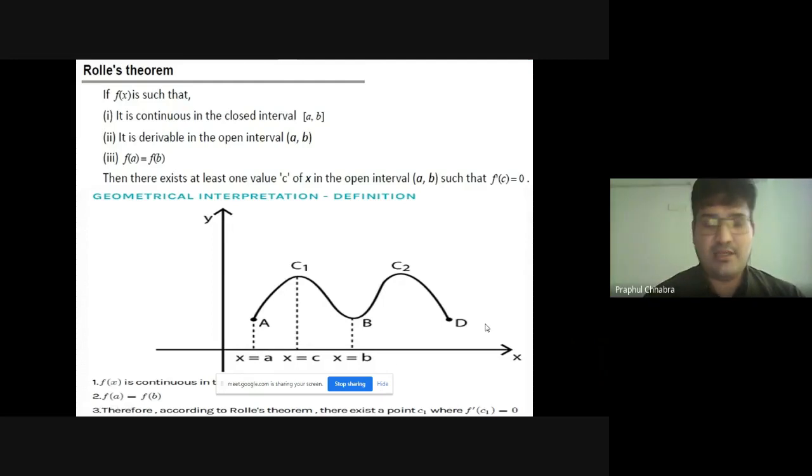For this graph, we are taking only one point in the interval a to b, and these points may be more than one, because according to Rolle's theorem, there exists at least one value of c, so there may be more than one value of c in the open interval (a, b).